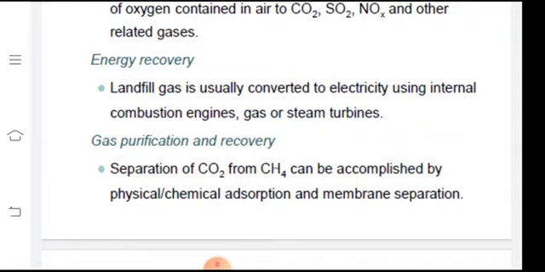The most commonly used processes are membrane separation and the physical chemical adsorption process. Physical chemical adsorption is the more common one compared to membrane separation, but both are efficient methods to purify the biogas produced.